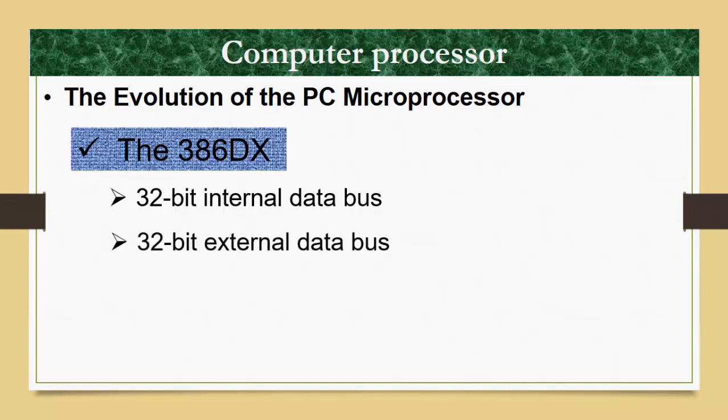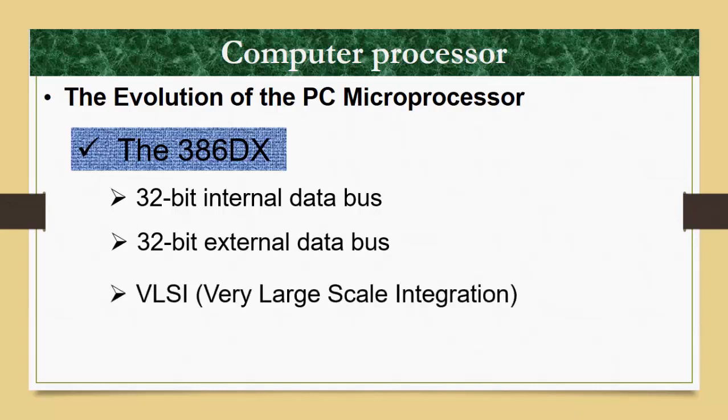It was built with a new technology called VLSI, or Very Large Scale Integration, with 275,000 transistors. The 386 used less power than its predecessors, including the 8086, because it was constructed of CMOS materials, a way of manufacturing transistors that reduces the amount of power required.